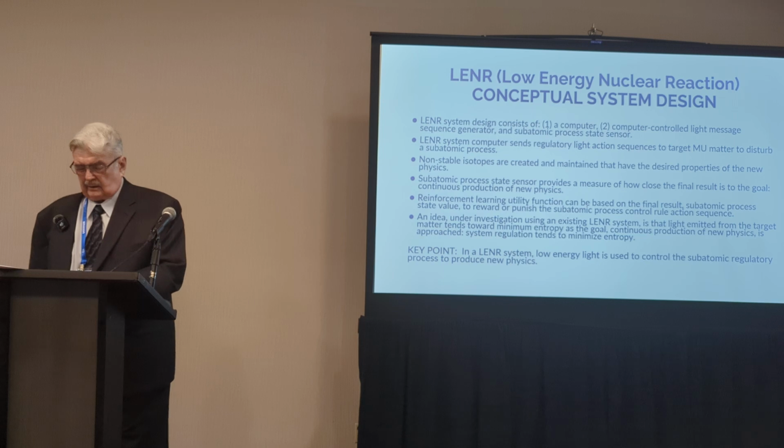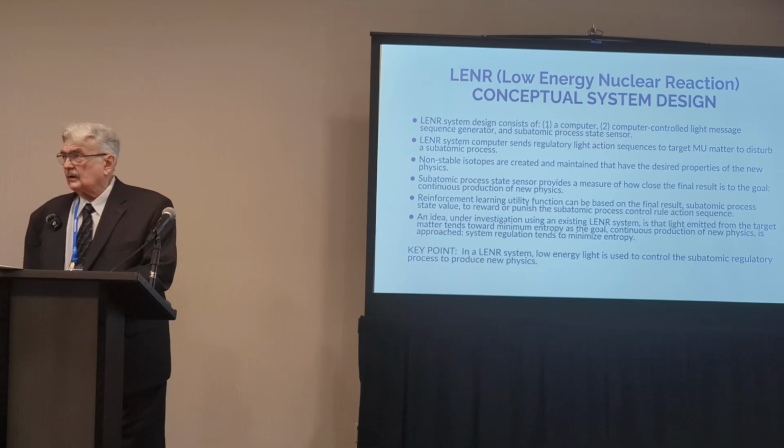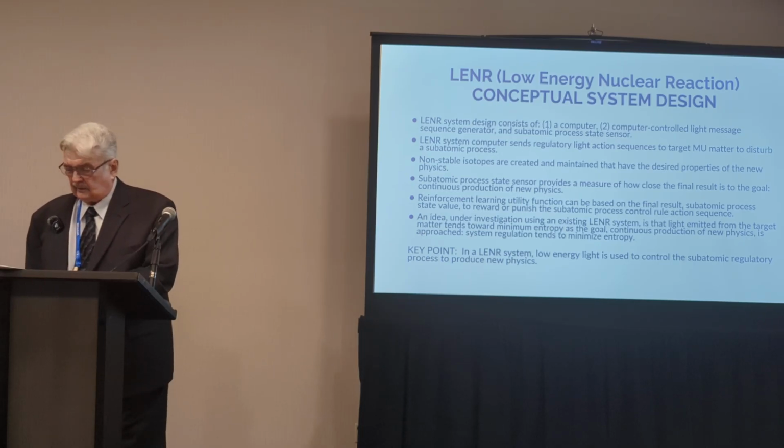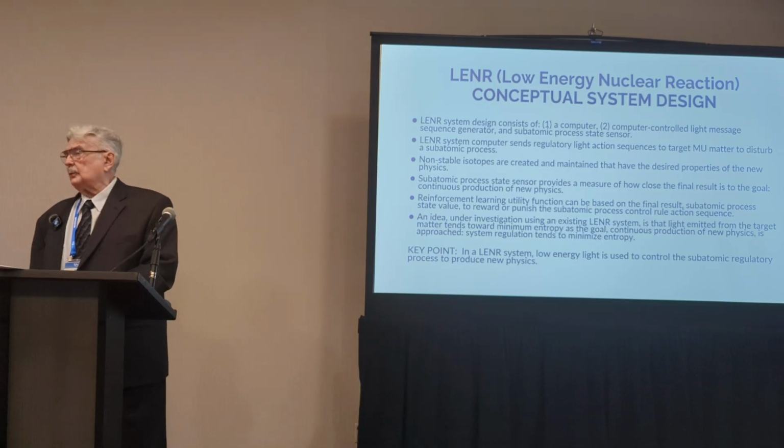So we're working on that. A computer sends regulatory messages to the material universe to disturb subatomic process. Non-stable isotopes are created, and these isotopes will have the properties of the new physics that we want.